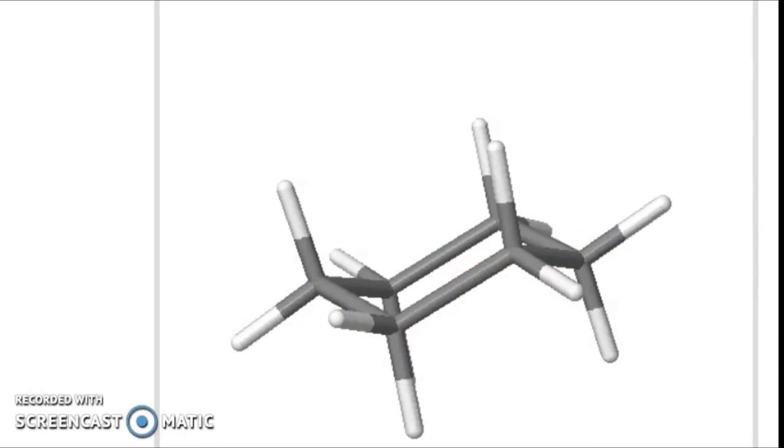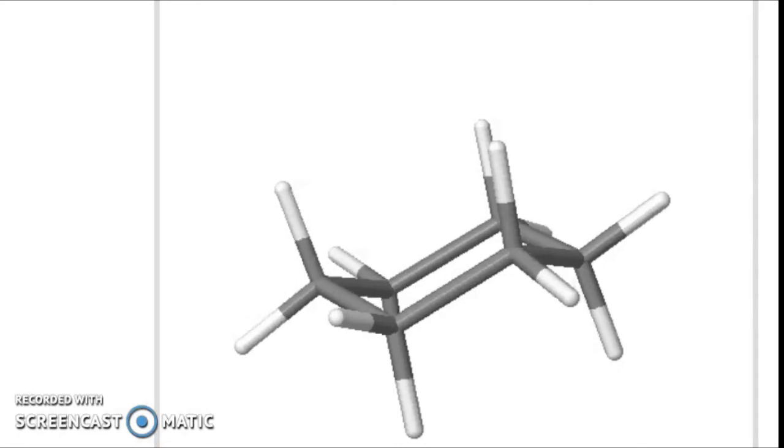Let us see what is happening during the ring flipping. Just observe; slowly the bond is moving. If we number the carbon atoms 1, 2, 3, 4, observe carbon 1 and carbon 4.